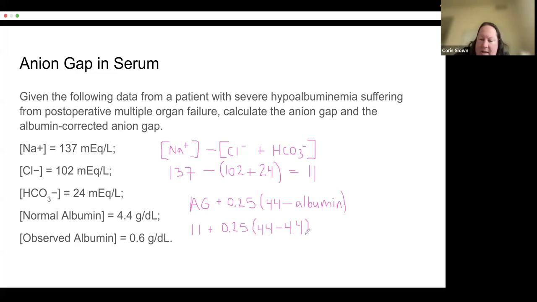So 20.9 is what I get. So you can see, even with normal albumin, why it's important to do a calculation that corrects for the anion gap associated with albumin.